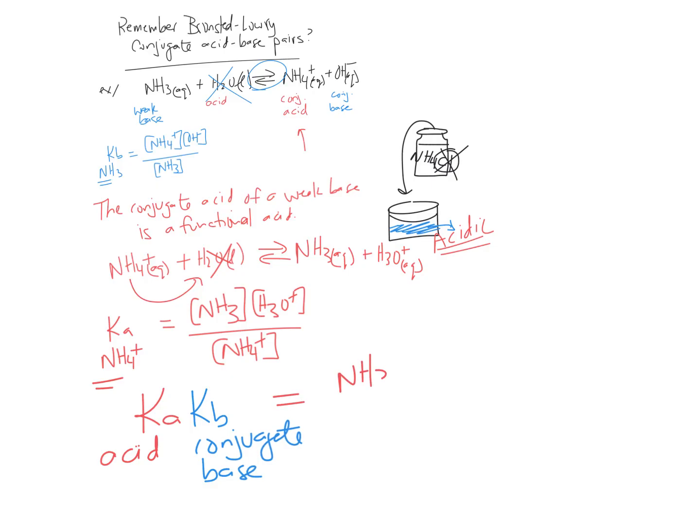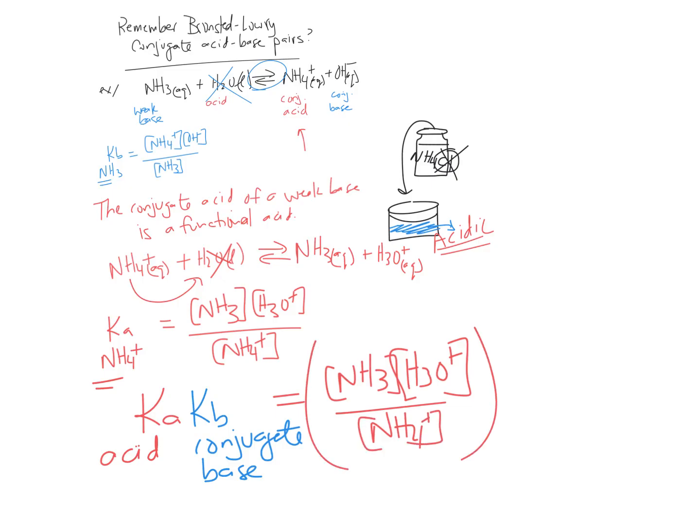So you get NH3, you get H3O plus on the top, you've got NH4 plus on the bottom, and you're going to multiply that by, don't you just love my color coding? We're going to multiply that by NH4 plus and hydroxide ion.